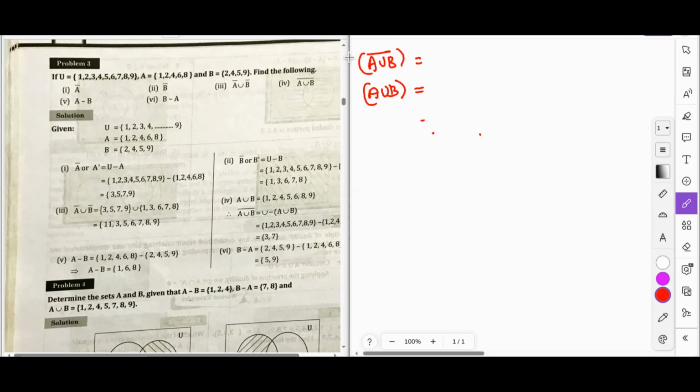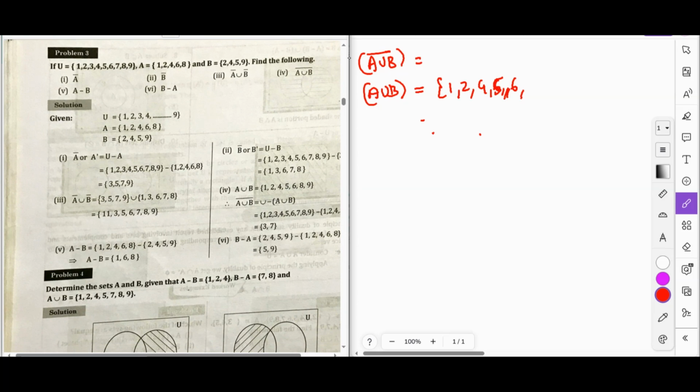A union B will be all A and B elements: 1, 2, 4, 5, 6, 8 and 9. Then A union B whole dash will be U minus A union B.